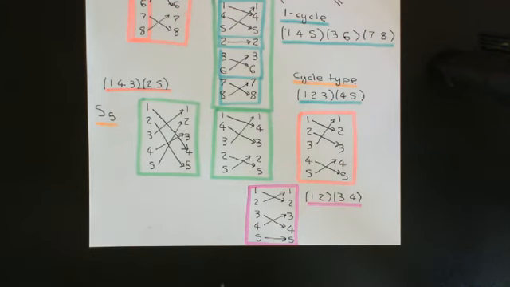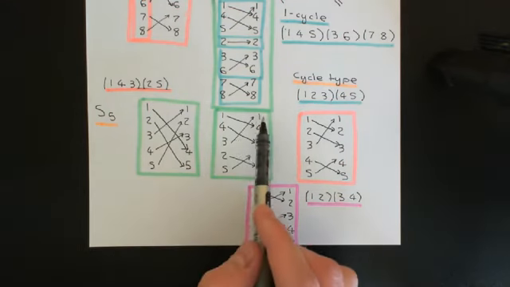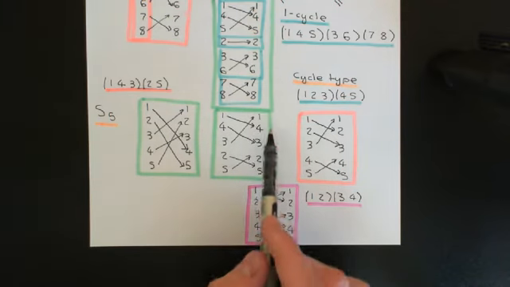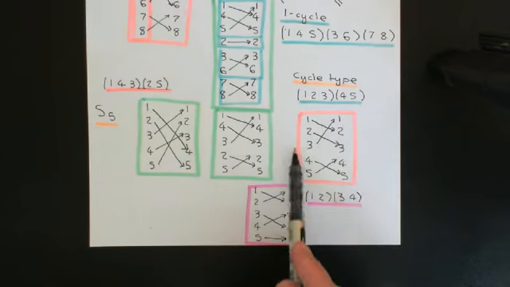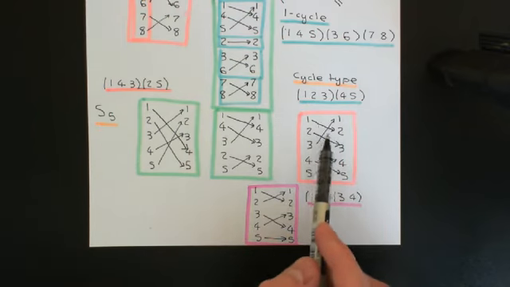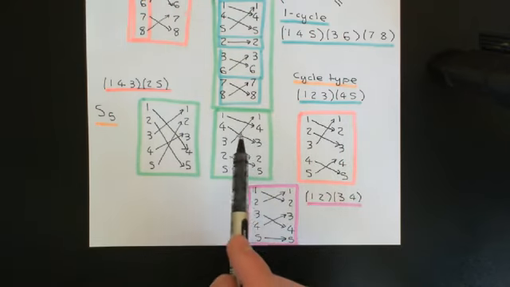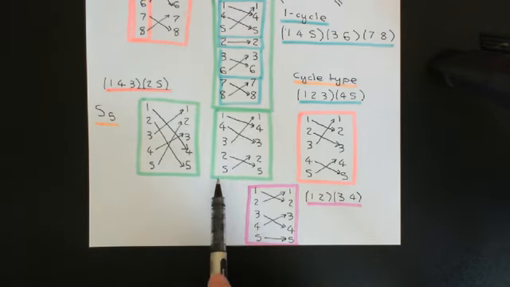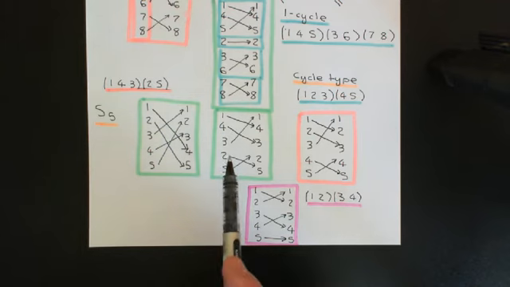So what I want you to consider is that I could turn this set permutation here in green into this one, with the same cycle type as this one, simply by relabeling the elements of this set of 5 things. And what do I mean by relabeling?